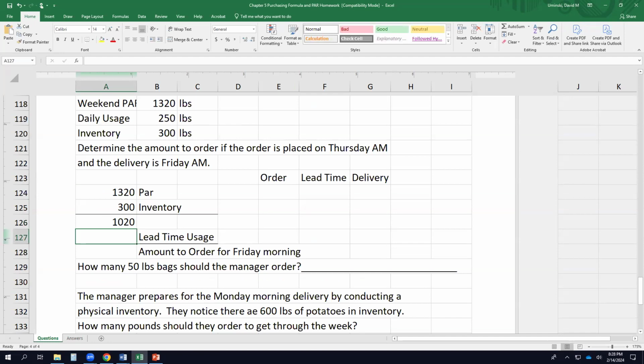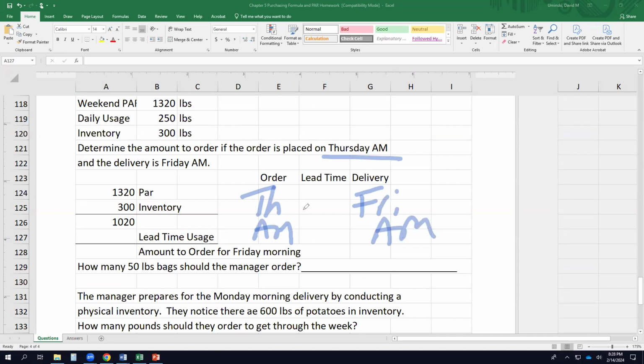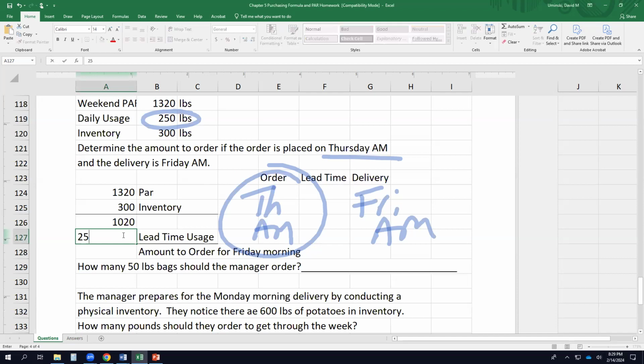My lead time: my order is placed on Thursday AM and it's delivered on Friday AM. So that means I'm going to have operations on Thursday. My lead time usage is 1 day at 250, so 250 times 1 is 250. I want to add that.